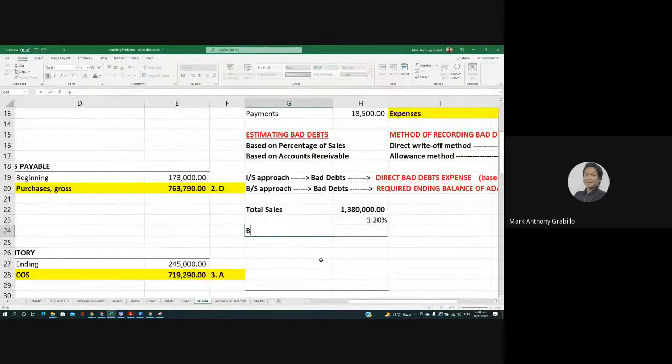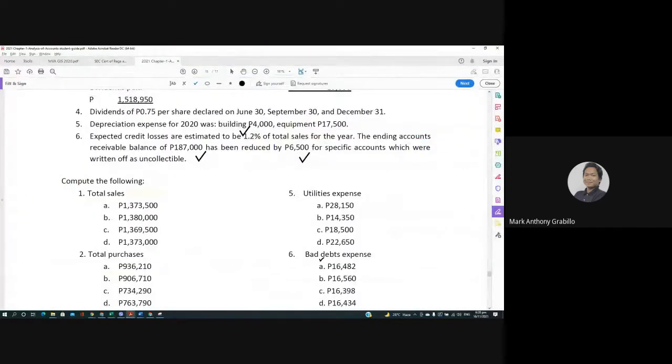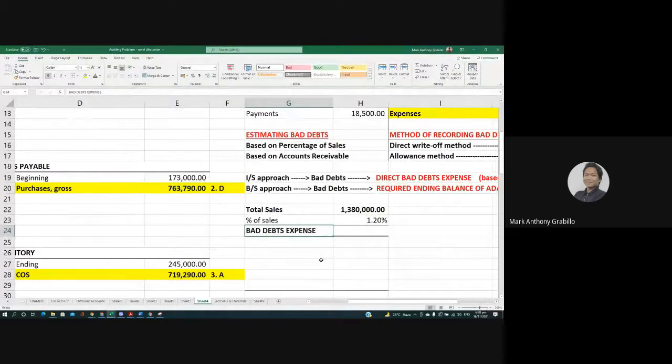Isa sa pinaka rule sa pagsagot, we cannot question the wisdom of the examiner unless the totality of the question is really erroneous. Sobrang mali, we need to give it as a bonus. Pero ito, wala namang mali. Gusto lang yan ng examiner. So therefore, we cannot question the wisdom of the examiner. So magkano yung bad debts expense natin?